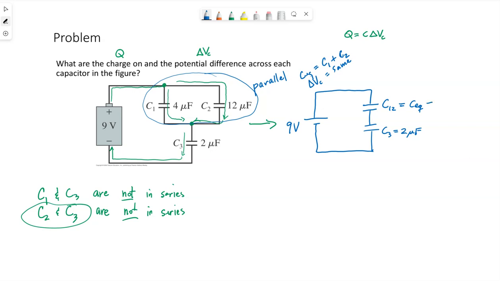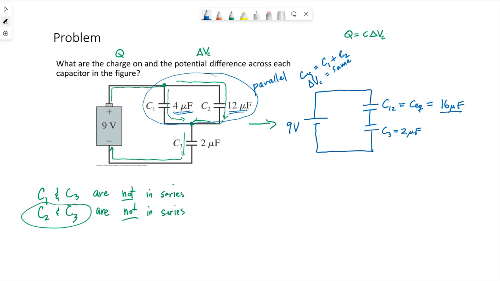So this equivalent ends up with a capacitance. We simply need to add the 4 and the 12, so 16 microfarads. And then the 2 microfarads. So what this is telling me is we could have just put in one capacitor there that was 16 microfarads instead of having a 4 and a 12 in parallel.